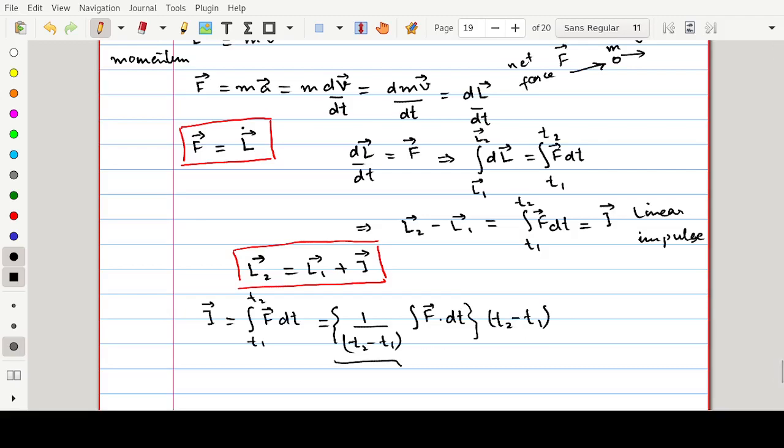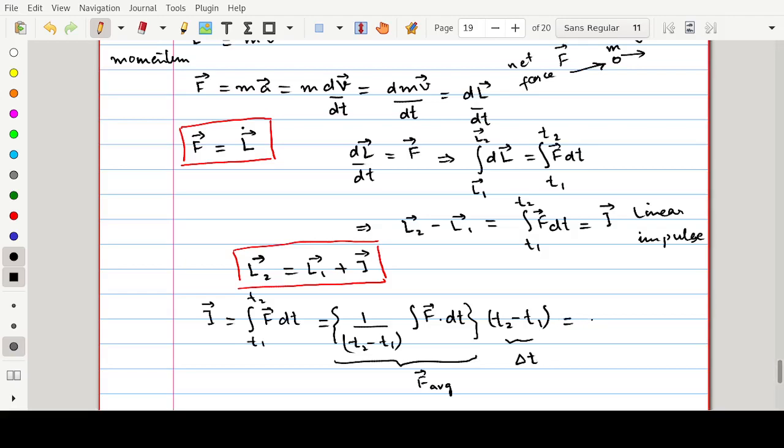Now notice that this thing, from the definition of average, is the average force acting over the interval t1 to t2, and this is the length of the time interval, say delta t.